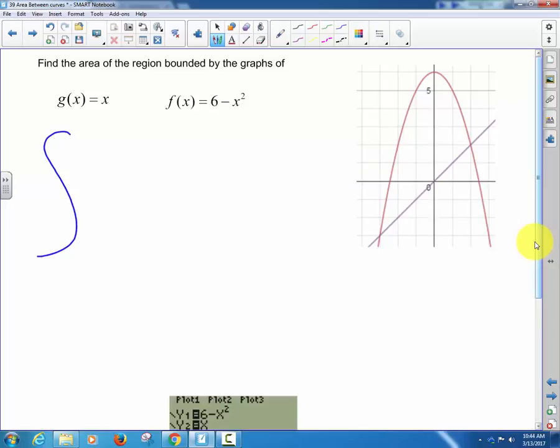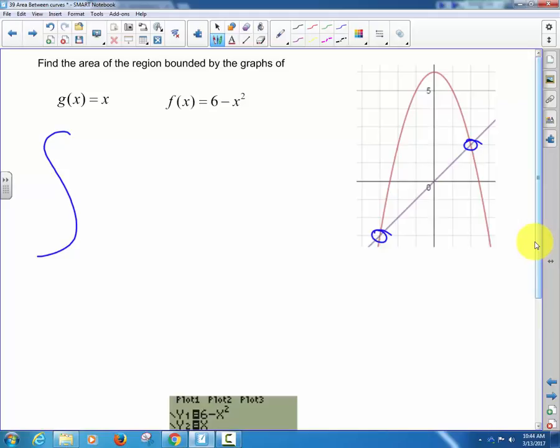We know we're still top minus bottom. Yes, we've got to figure out these 2 points, don't we? How are we going to figure those out? Set them equal to each other.